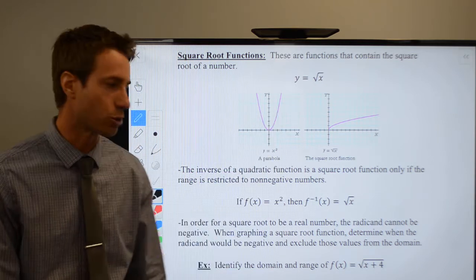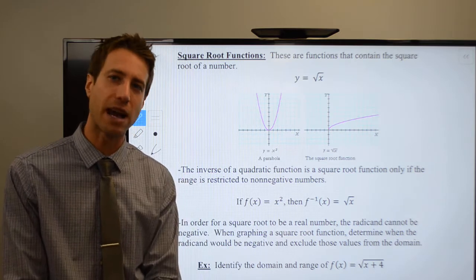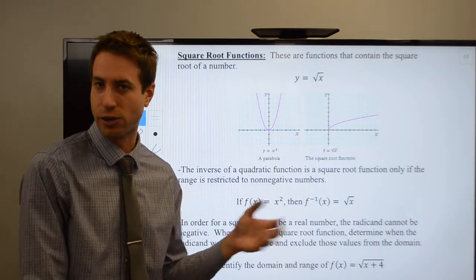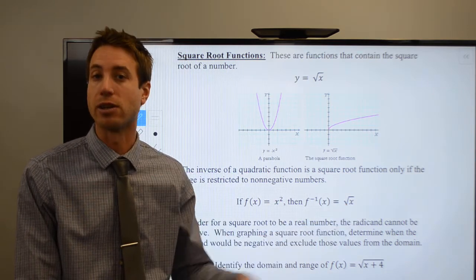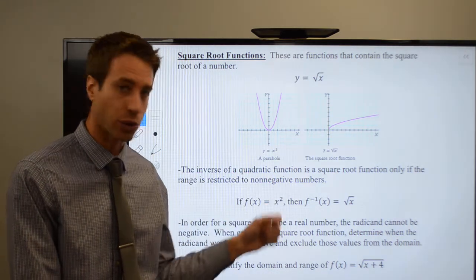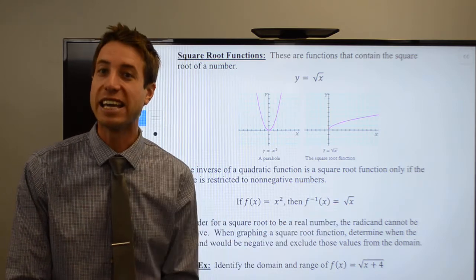You guys know what those look like. The inverse, which we showed you how to find back in section 2, of the squared function, the quadratic function, is the radical function, the square root of x. So f of x, x squared, and f inverse of x, the square root of x, are inverse functions.